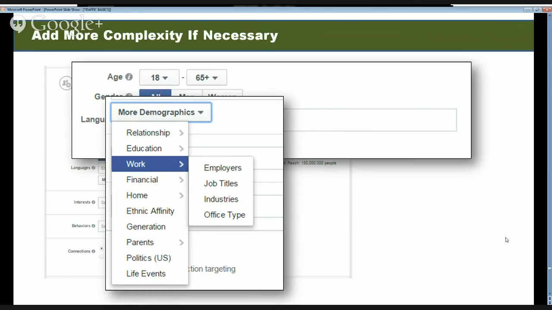Now, one of your homework assignments, and this is the last one for this session, is to actually go in and look at all these different options so you become familiar with them. So go into your Facebook account. In the upper right-hand corner, there's a little place that you can click, and it's going to show you where you can begin to create an ad.